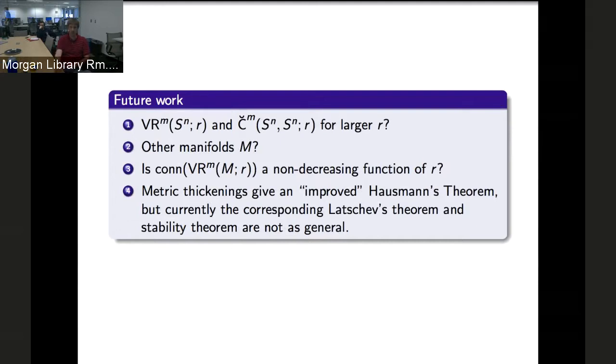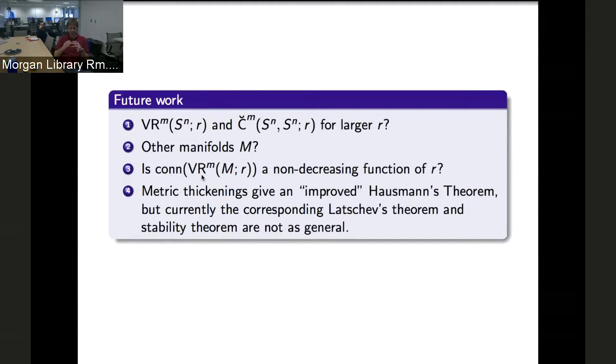And Hausmann has a conjecture in his paper about Vietoris-Rips complexes that if you take a manifold, build the Vietoris-Rips complex, then the homotopy connectivity, the level beneath which all homotopy groups vanish, is a non-decreasing function of r. So we saw this in the case of the circle.